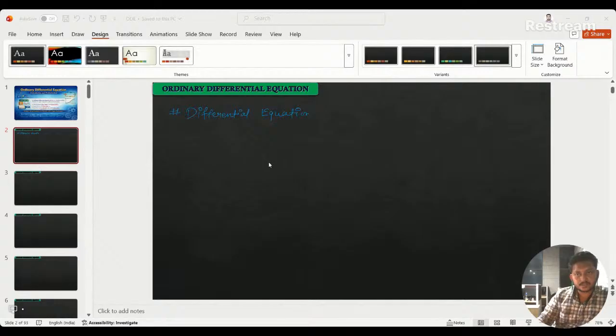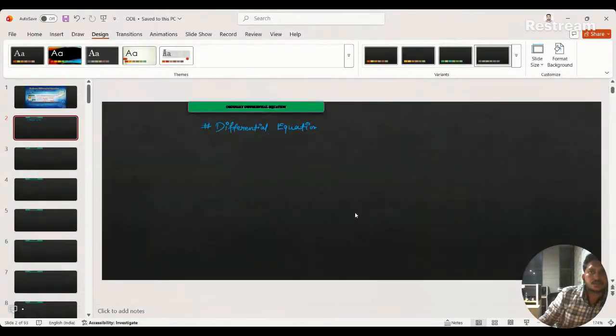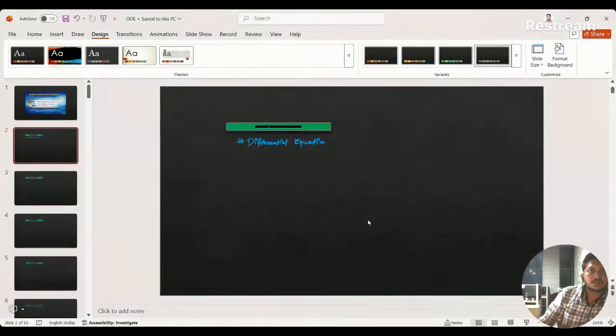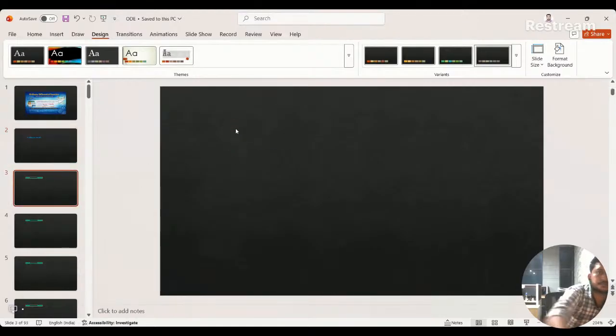I hope the width is much less. I think 18, 19 is sufficient, and the height is 7. So now check. Maybe this size is comfortable, and it needs to change.